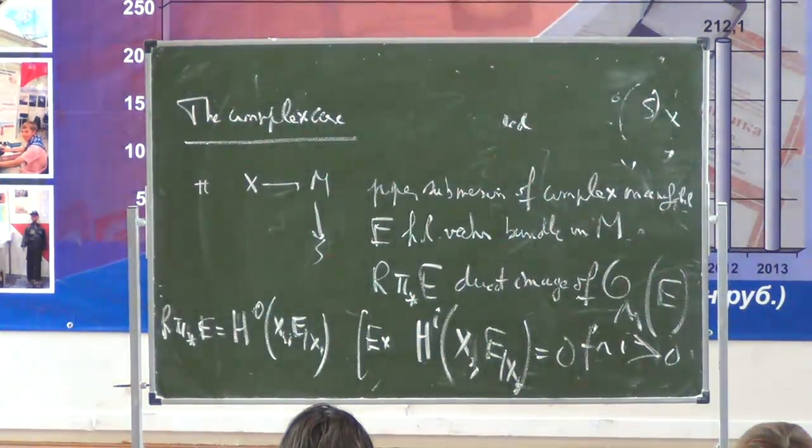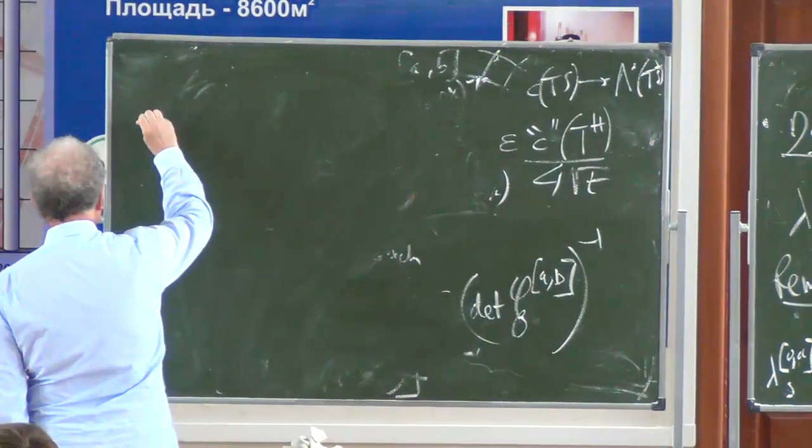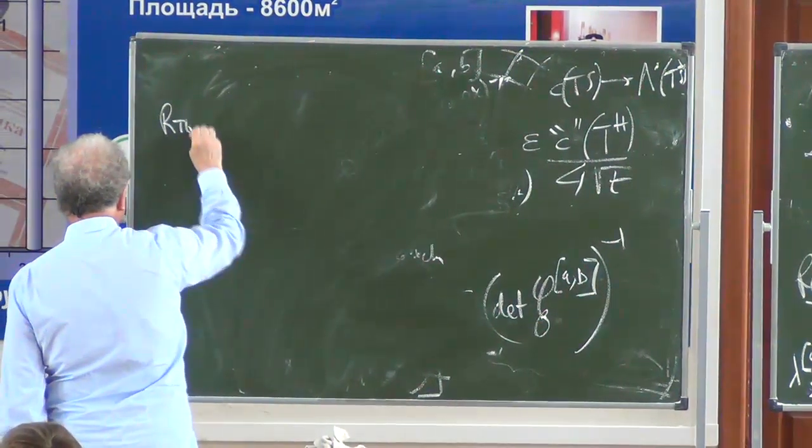So in this case, by a construction of, okay, so in the general case, what we know is that Rπ_*E is a coherent sheaf.